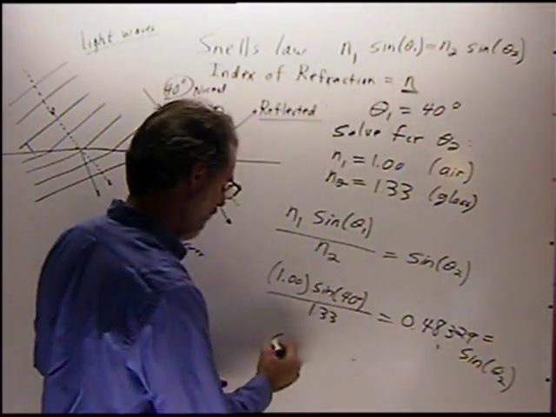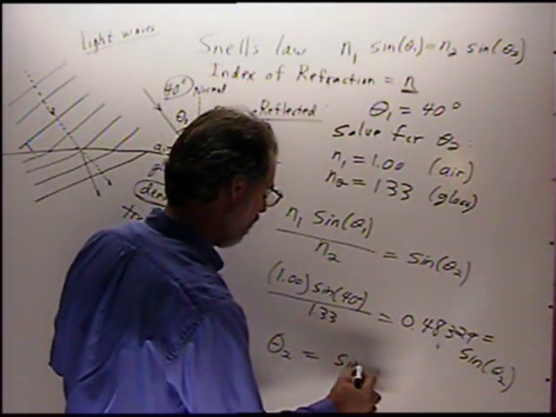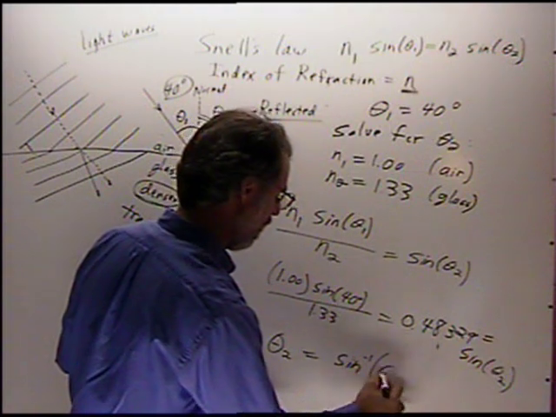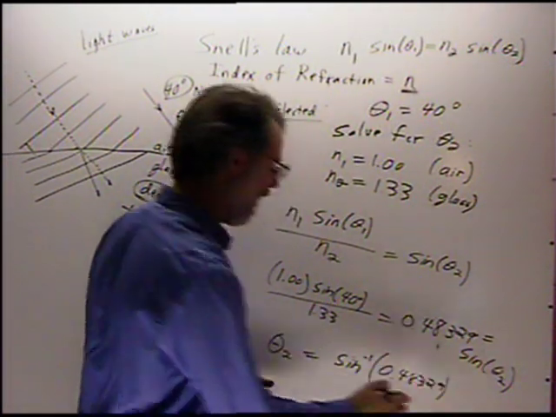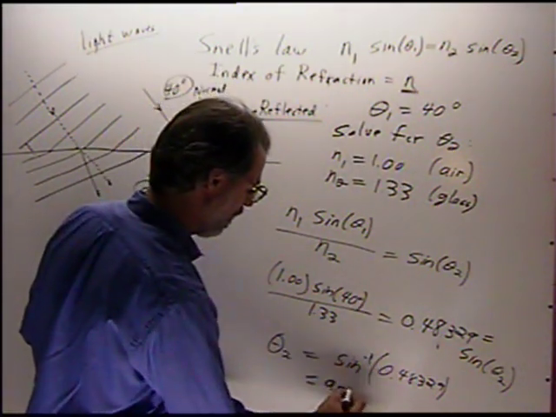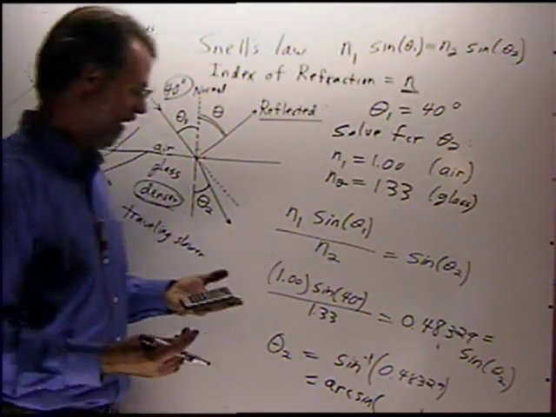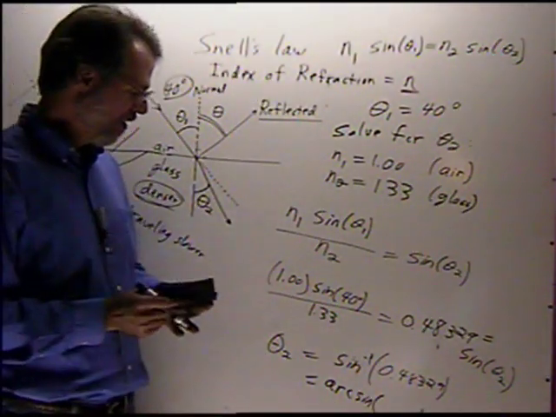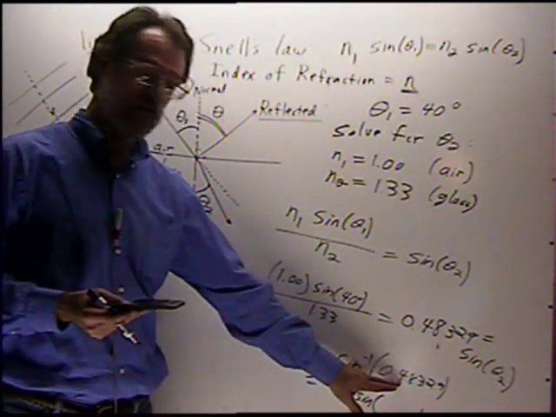Now theta 2 is what we call the inverse sine or arc sine of 0.48329. Some calculators say inverse sine, sometimes they say arc sine. It's actually the same thing. It's the angle whose sine is 0.48329.